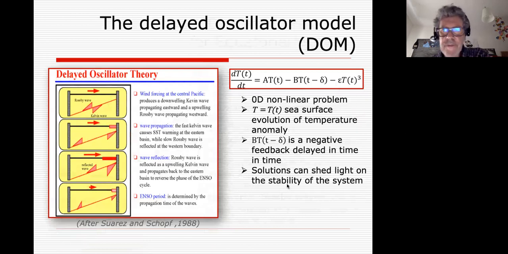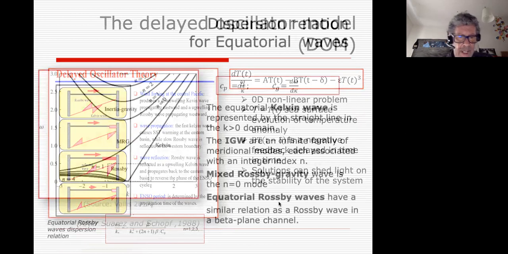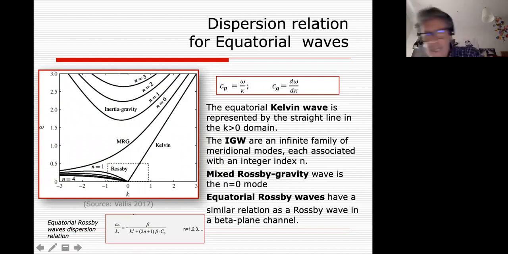Okay, hope to have solved it. So, sorry. And again, we have a family of Rossby waves that depends on the integer number n.